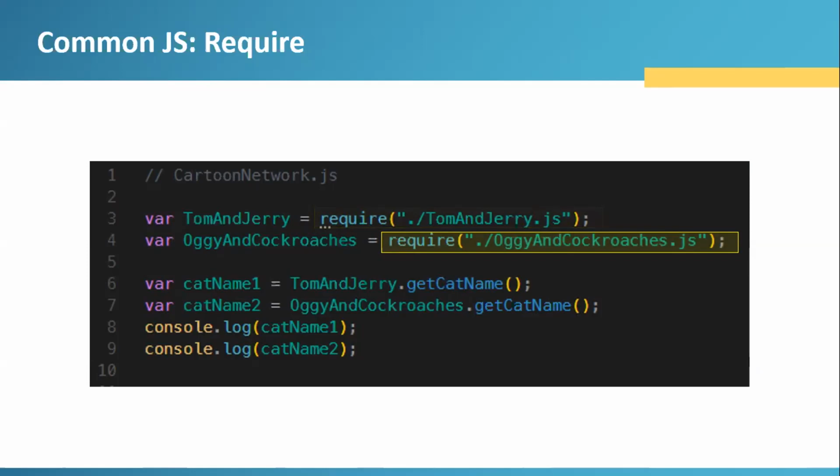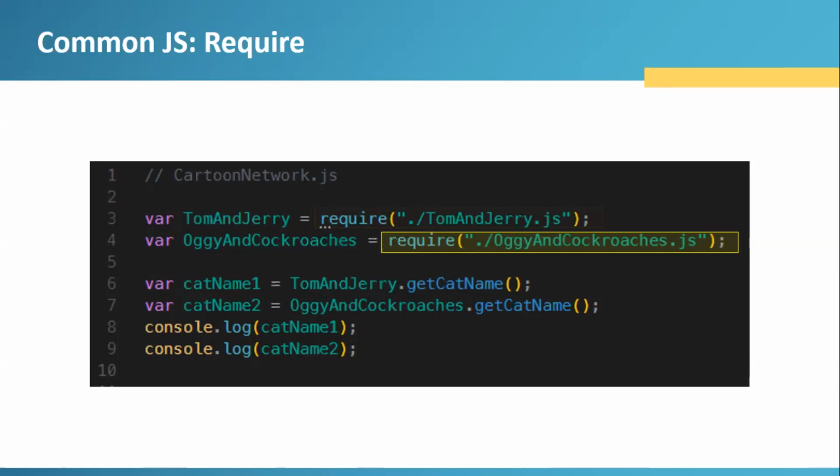The run part is not a problem for client side, but the load part becomes a problem if that particular file is not present on the client side, because then we need to go to the server, fetch it, then read it and then run it. And all that time, our UI will be frozen. So that's why CommonJS is not that suitable a choice for client side development. That is one of its disadvantages.